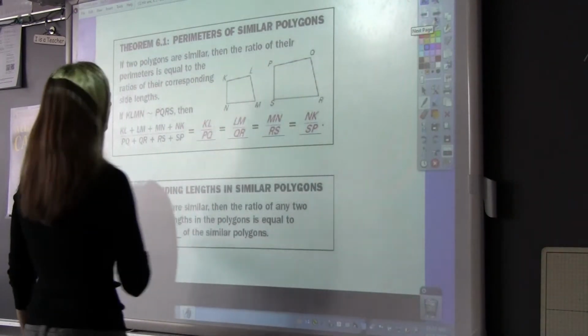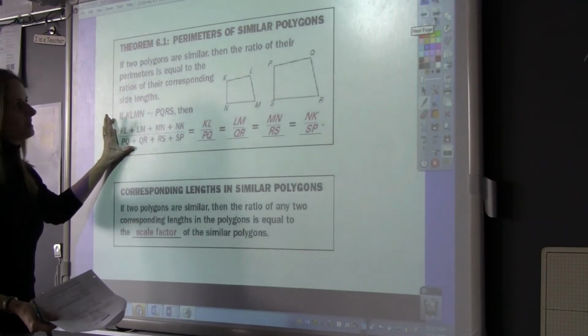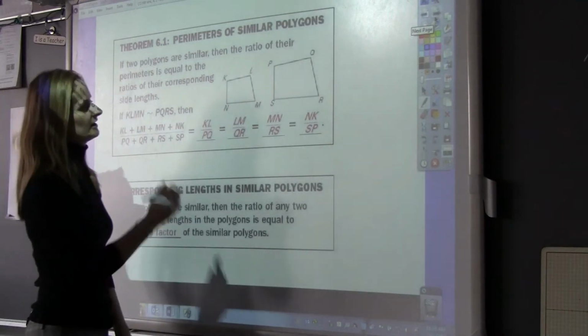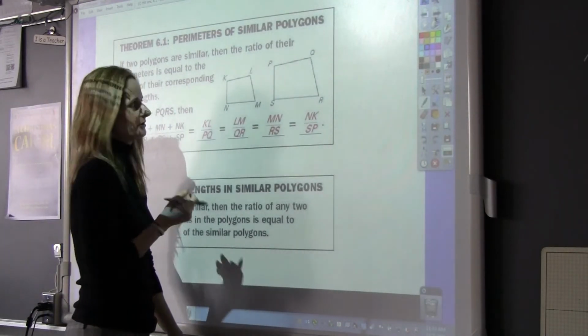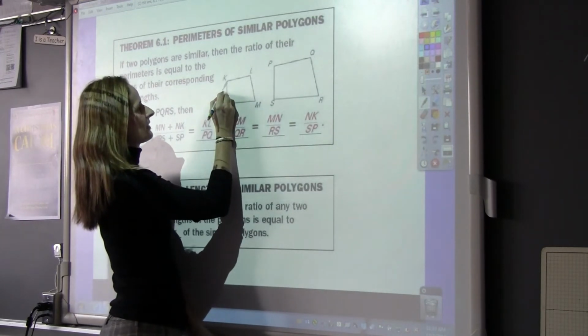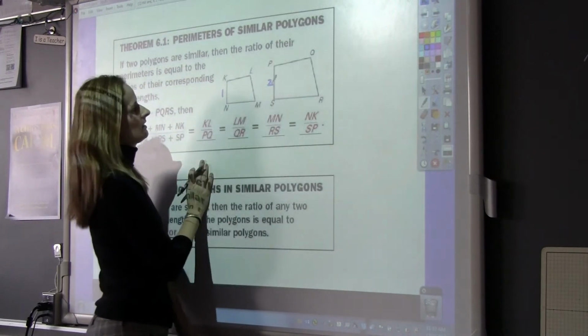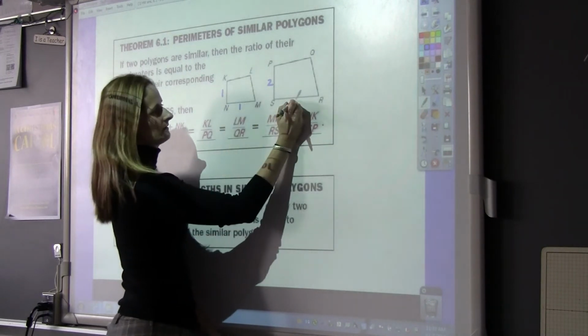All right, so what this is saying is that if you have a scale factor already, so I'm just going to make up some numbers for the lengths of the sides here. Let's say this length here is 1 and that's 2. And this looks like it could be the same length, so that's 1 and that would be 2.